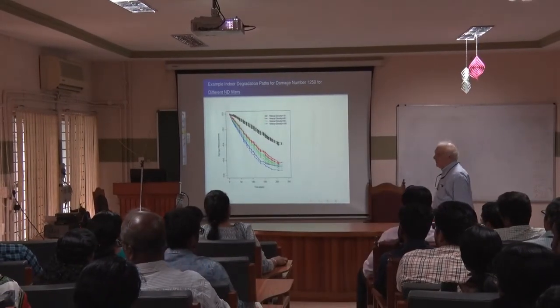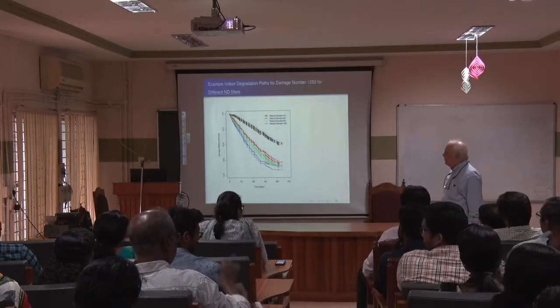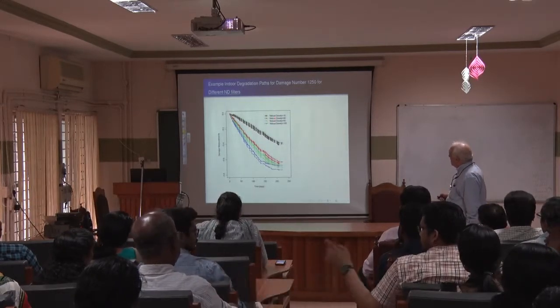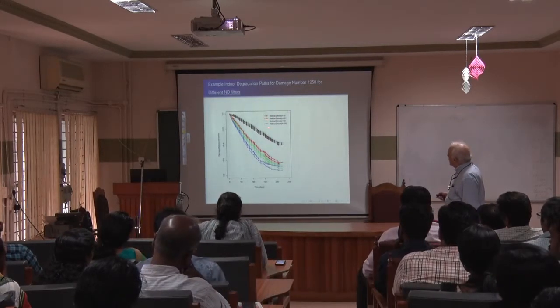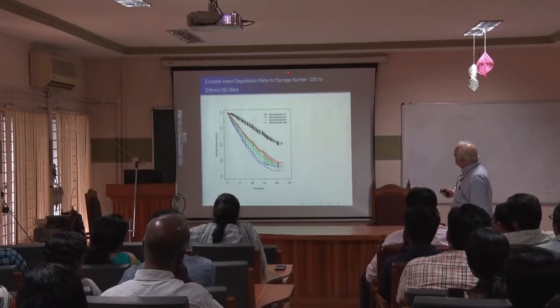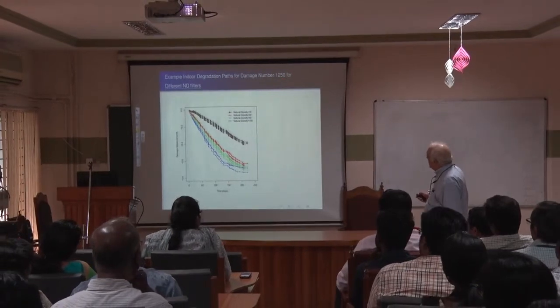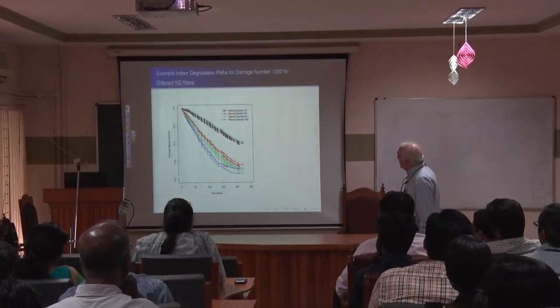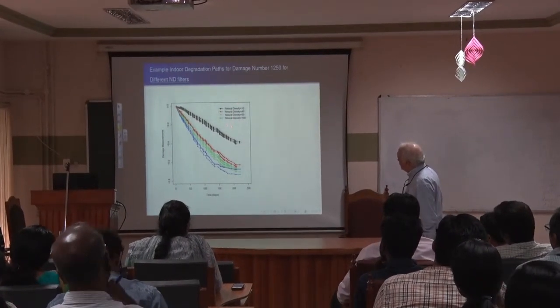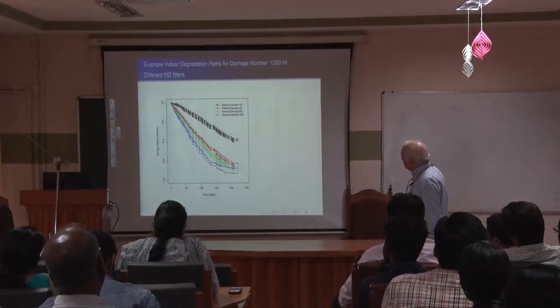Here's a different set of data that we have. And these are where we have a particular damage number, 1250. What I'm looking at here is different neutral density filters.